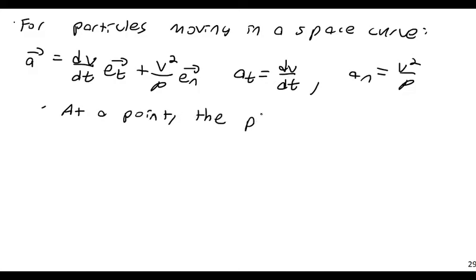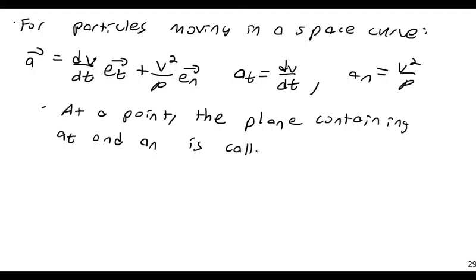And then I can say the plane at any given point containing AT and AN is called the osculating plane. The osculating plane, and hopefully I'm not mispronouncing that. So I got it spelled right. And the normal to this plane is found by taking the cross product.